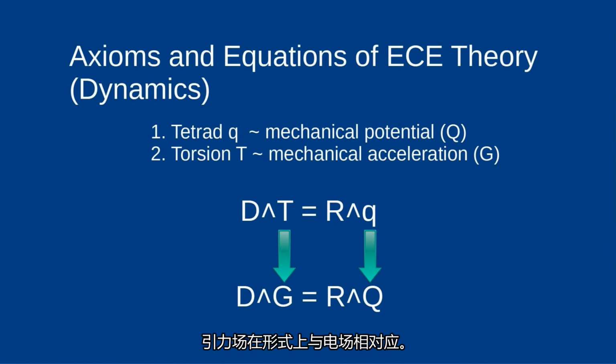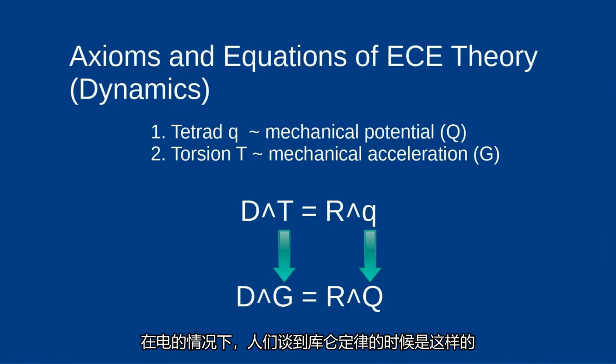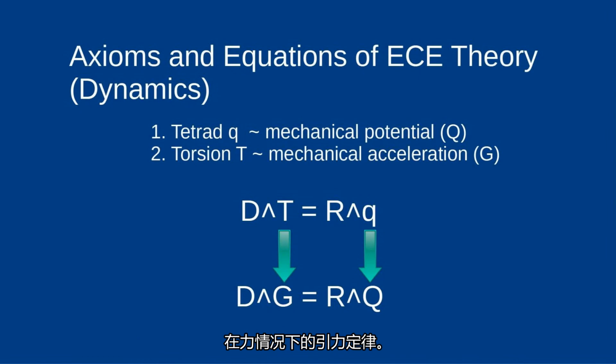The gravitational field formally corresponds to the electric field. In the electrical case one speaks of Coulomb's law, in the mechanical case of gravitational law. However, this is only one of four laws that come out as field equations of dynamics in ECE theory.